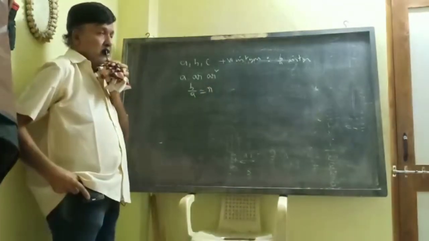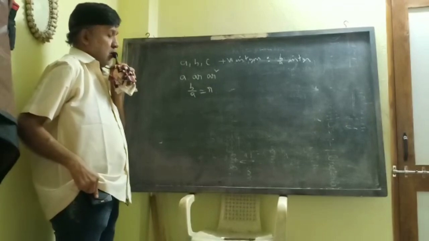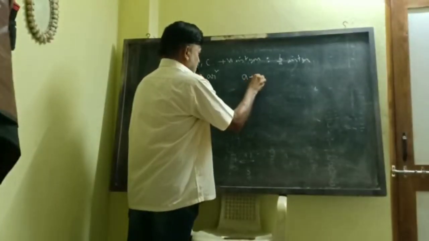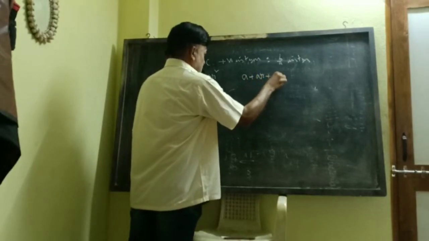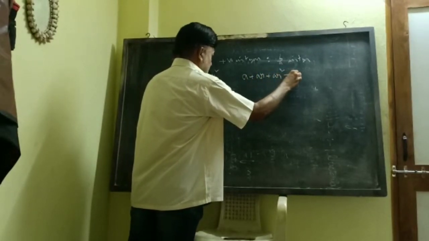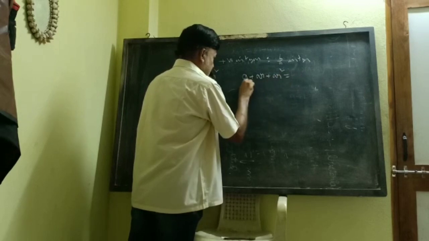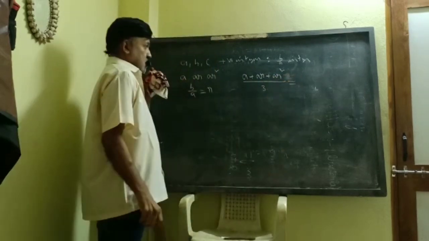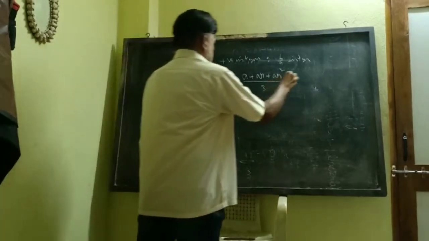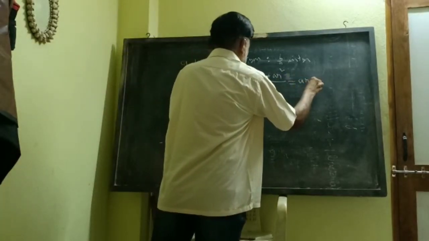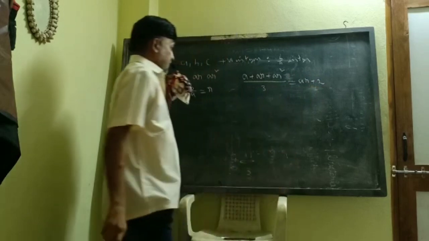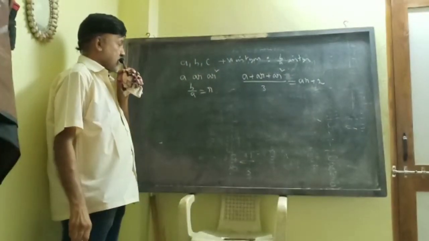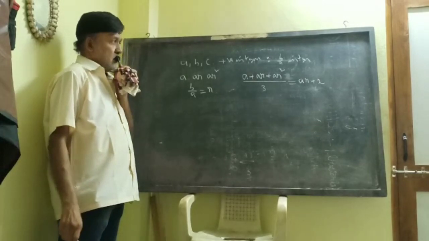So r is an integer. And one more point: a plus ar plus ar square by 3 is equal to b plus 2, which means ar plus 2. Right? You will get like this.